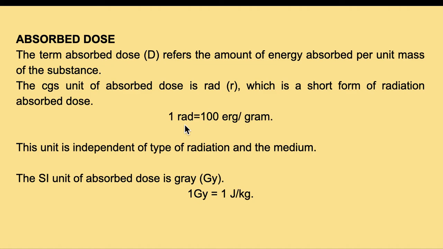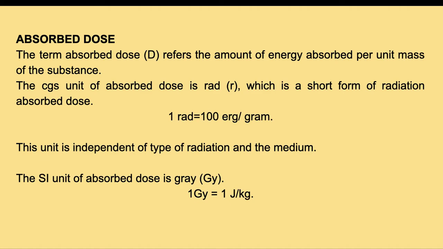So one rad you are normally defining as 100 erg per gram. So when a particular radiation is passing through matter, and if you observe that 100 erg is absorbed in 1 gram, you can say that the absorbed dose is 1 rad.